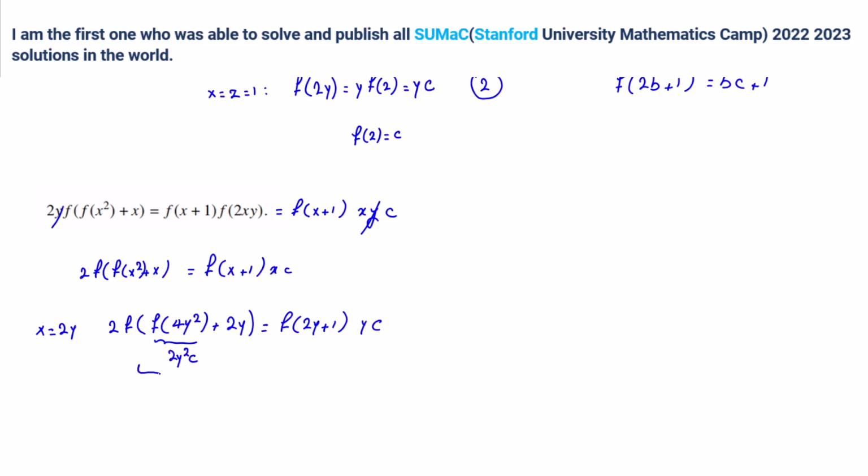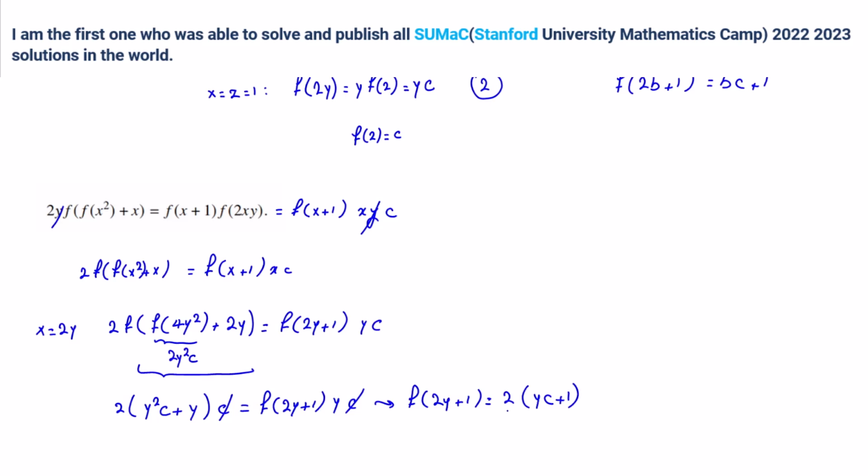Yeah. Okay, f of this part is y squared c plus y, multiplied by c, is equal to f of 2y plus 1 times yc, right? We can cancel c from both sides, and f of 2y plus 1 is equal to 2 times yc plus 1, right?